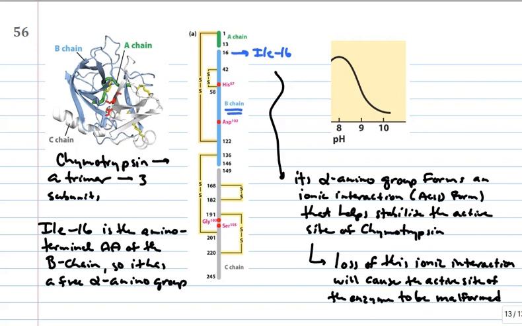The structure has been disrupted. It's malformed. As a result, ladies and gentlemen, if the active site is disrupted, we're going to have lower activity.